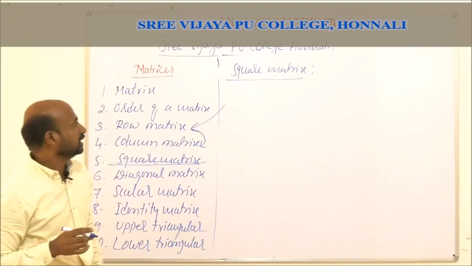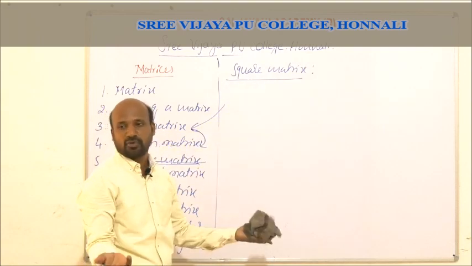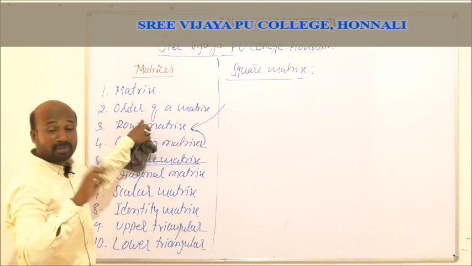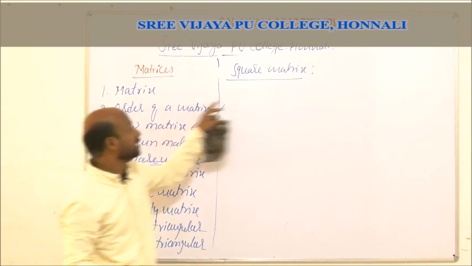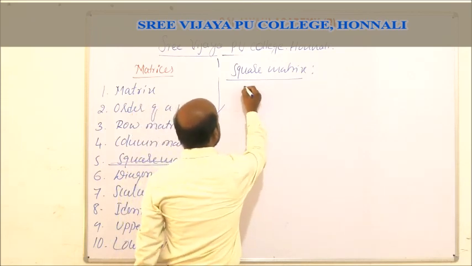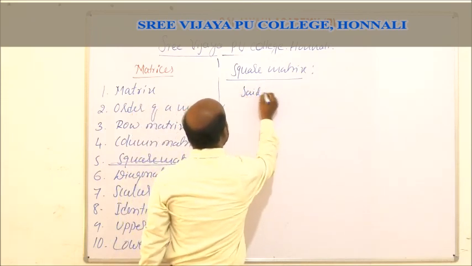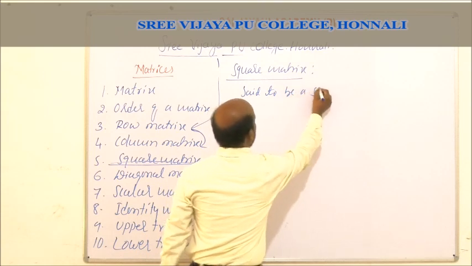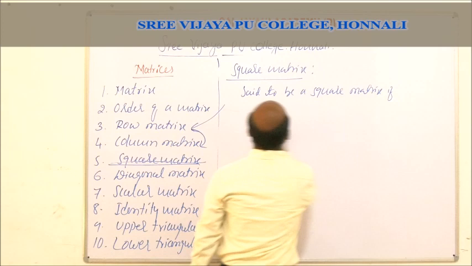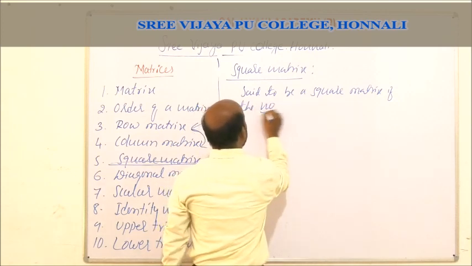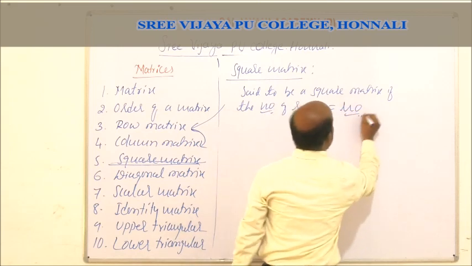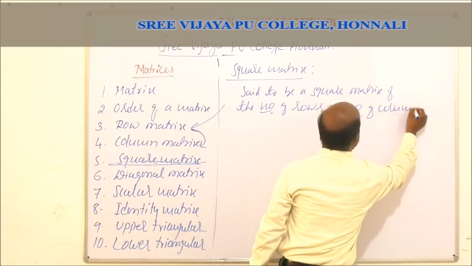A matrix is said to be a square matrix if the number of rows is equal to the number of columns. So in the case of a rectangular matrix, the number of rows is not equal to the number of columns, but in the case of a square matrix, the number of rows is equal to the number of columns.